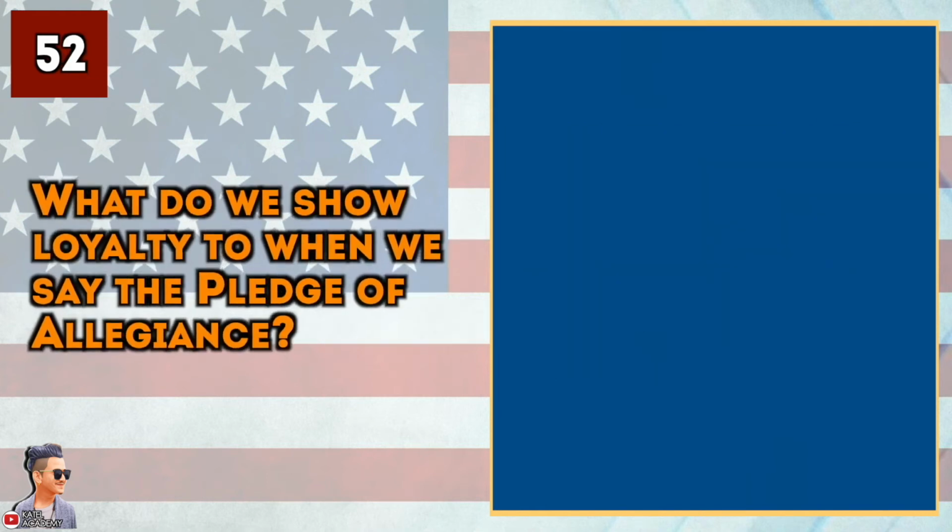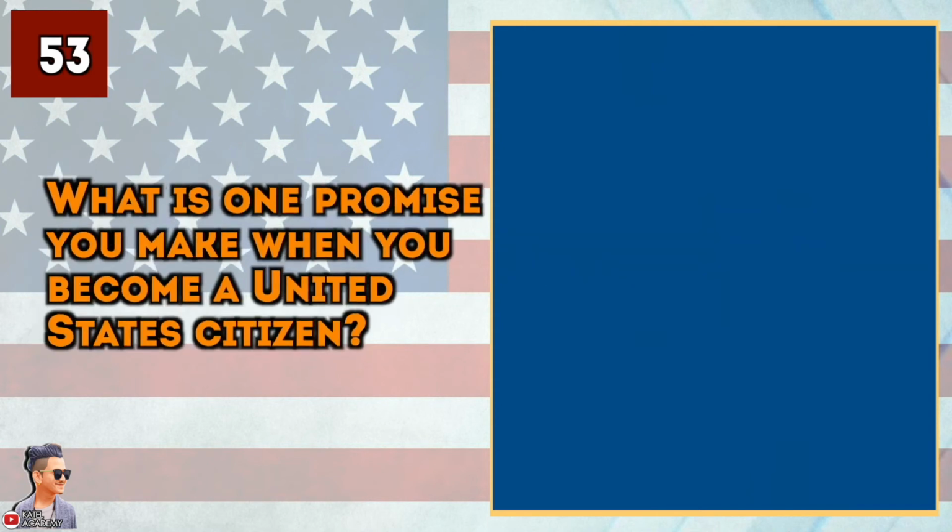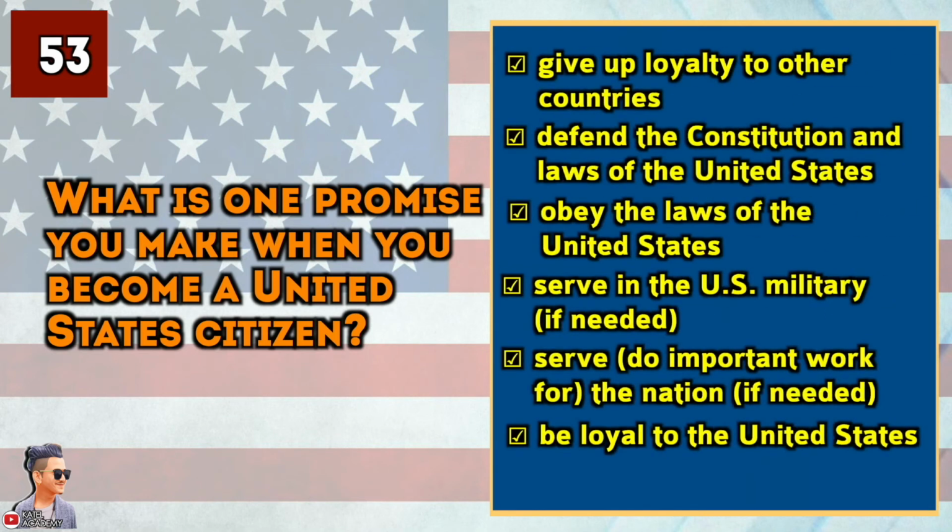What do we show loyalty to when we say the Pledge of Allegiance? The United States. The flag. What is one promise you make when you become a United States citizen? Give up loyalty to other countries.